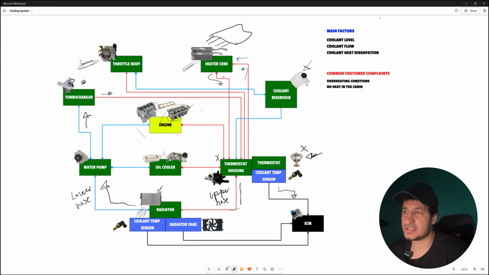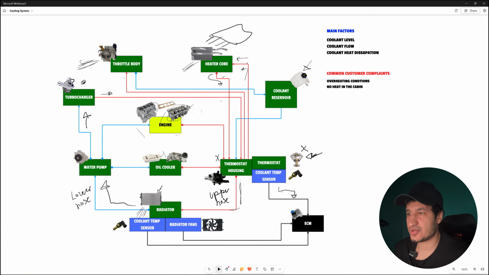This coolant coming out is probably just a few degrees lower than the one coming in, but it shouldn't have a big difference in temperature, because this is a scenario where we really need hot coolant so that we can get heat inside the cabin. All right, so that's the main flow of coolant inside any engine bay.